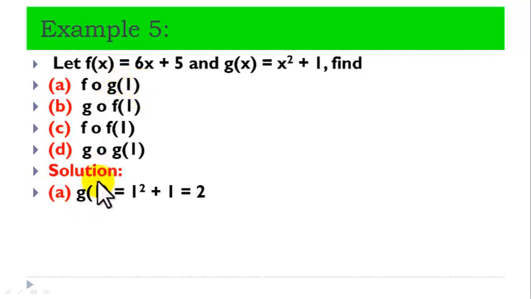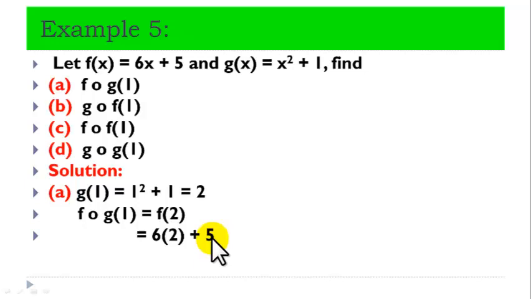So first, let us find g of 1. g of x is given to be x squared plus 1. So to obtain g of 1, we put x equals 1. That will give us 1 squared plus 1, which is equal to 2. Then f∘g of 1 will be equal to f of g of 1, which is equal to f of 2. But f of x is 6x plus 5. To find f of 2, put x equals 2. And this will give us 6 times 2 plus 5, which is equal to 12 plus 5, and that is 17.